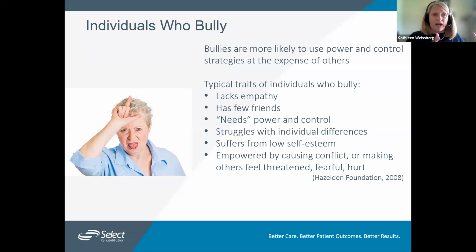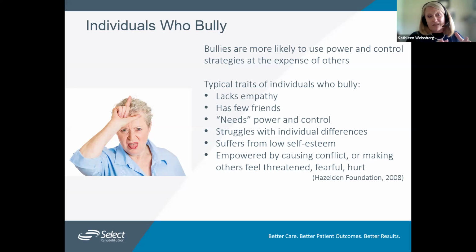And we do that in ways that are normal by societal standards. And when you look at somebody who is a bully, they do that differently. They use power, they use control at someone else's expense. It is positively reinforcing to them to have other people feel threatened or fearful or hurt or what have you.